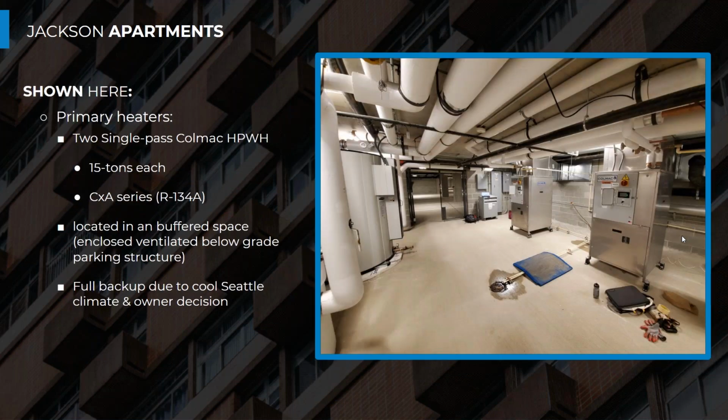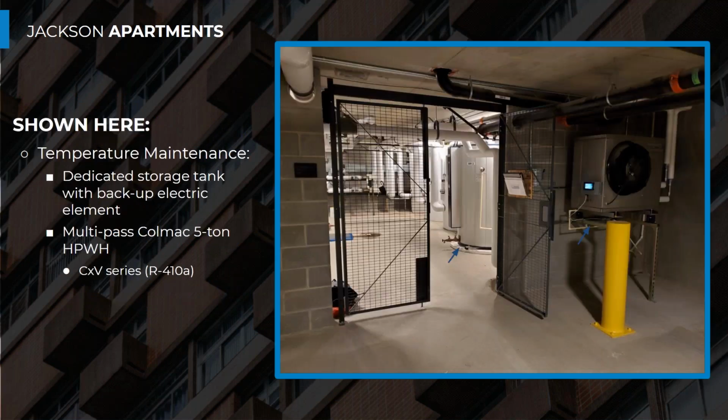So we're blowing the cool air out here, and our ambient air temperature sensors are in this room. And I believe the lowest we saw in this room was about 43 degrees Fahrenheit. And that's pretty typical throughout most of the enclosed parking garages in Seattle.